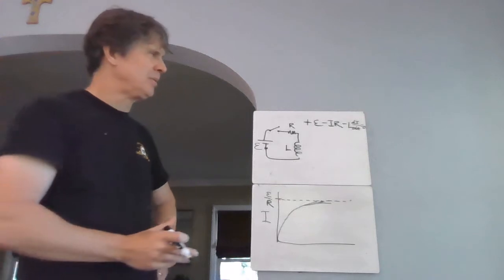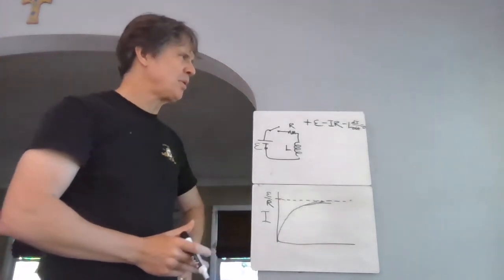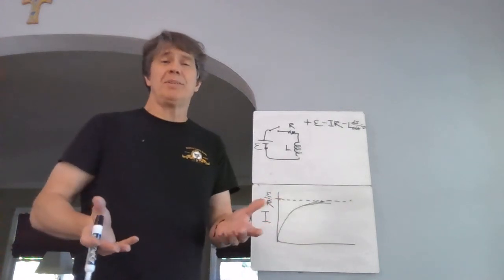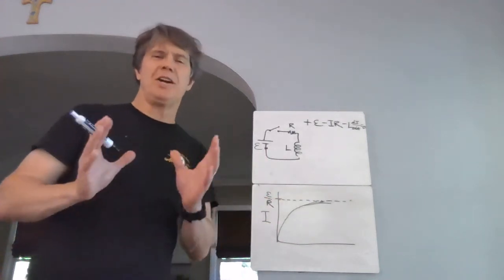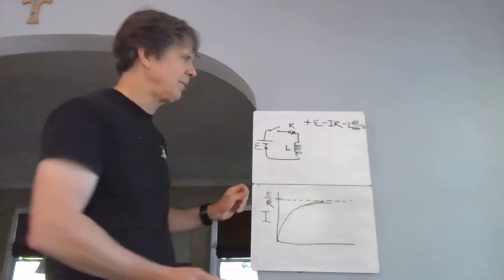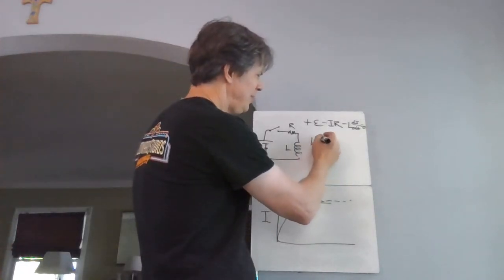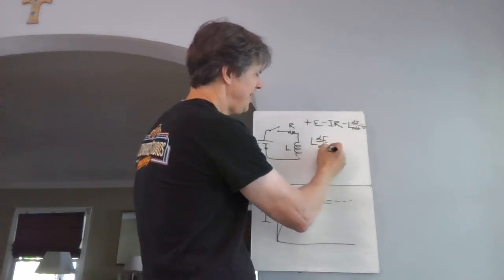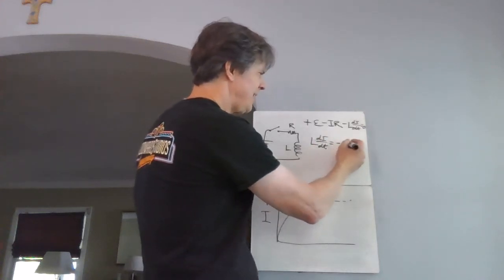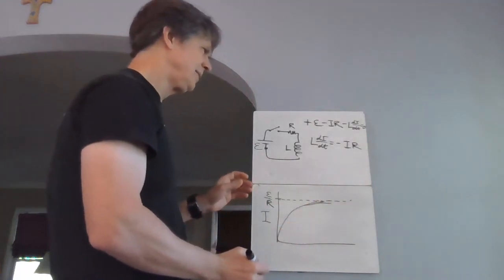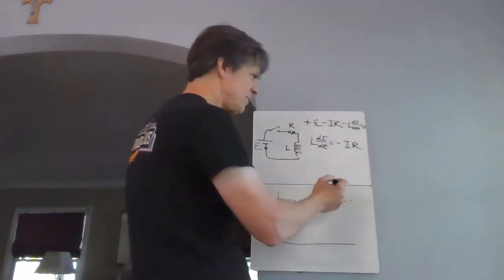I don't feel like doing hard calculus right now, so let me pretend there's no battery. I know it wouldn't happen if there's no battery, but there could already be a current flowing or something. Generically, I just don't want to look at the E right now. So this would become L di/dt equals negative IR. And then I'll put the L on the other side.